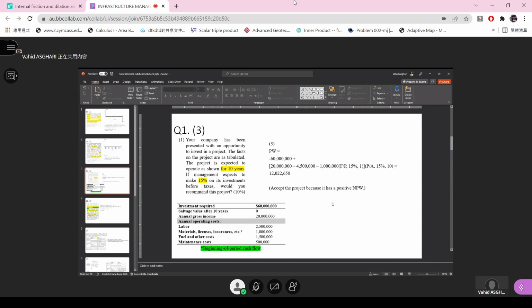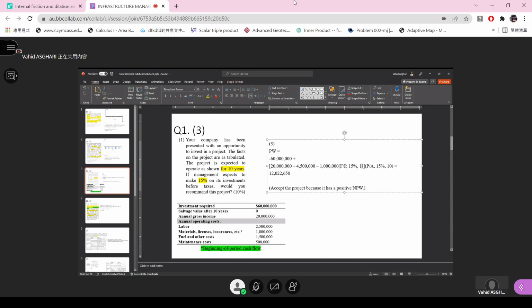So in this question, you should have converted the beginning of the period amount to the end of the period amount.